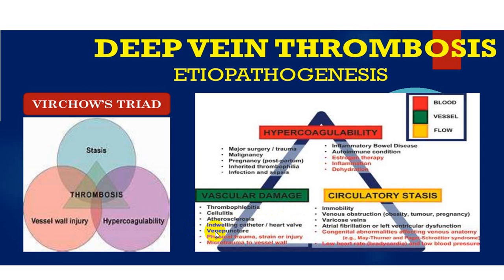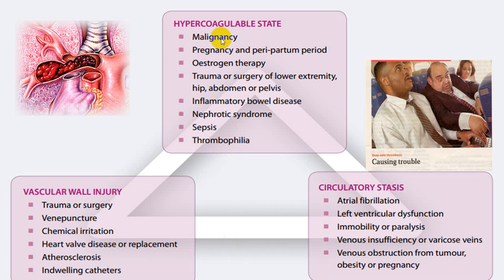Venipuncture becomes the most common cause of thrombophlebitis, along with trauma, strain, injury, microtrauma, etc. So, in the hypercoagulable state: malignancy, pregnancy, oral contraceptive pills, trauma, surgery, inflammatory bowel disease, nephrotic syndrome, sepsis, thrombophilia.